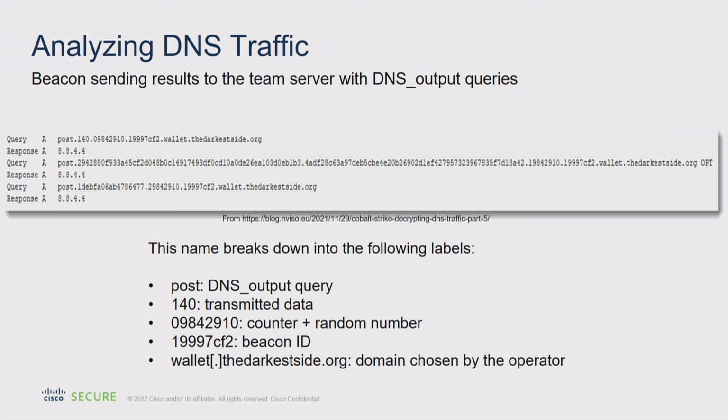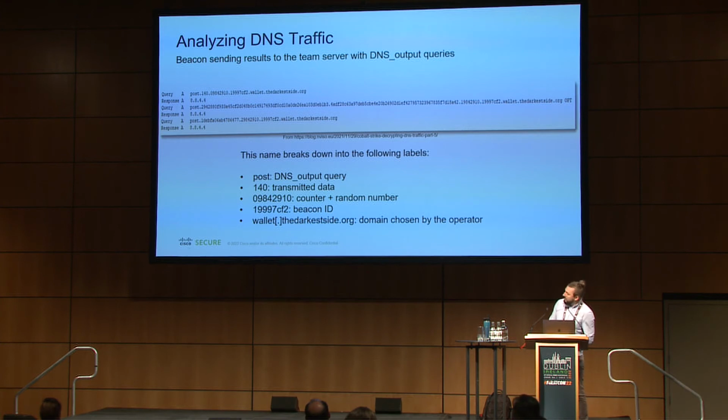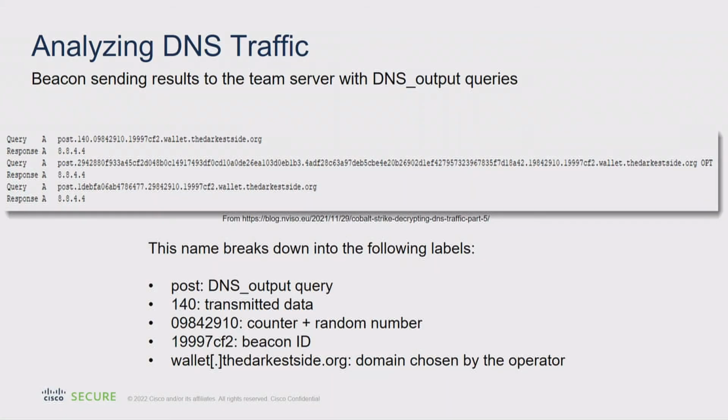And in this example, the query starts with the top label post of the post. And the data will be transmitted with, once again, a unique hexadecimal counter, just like any other queries we've seen before.